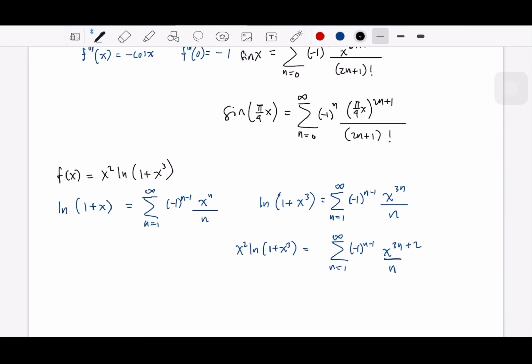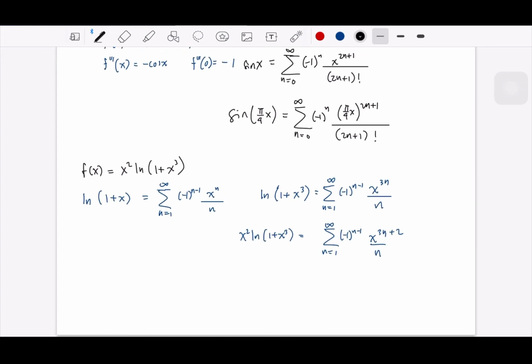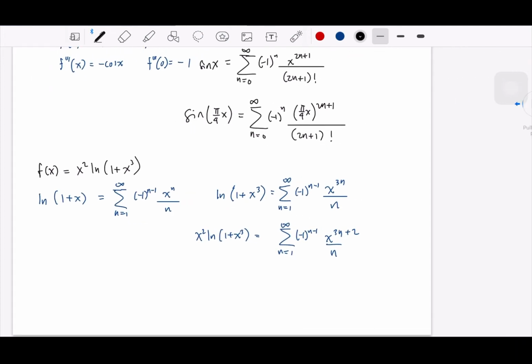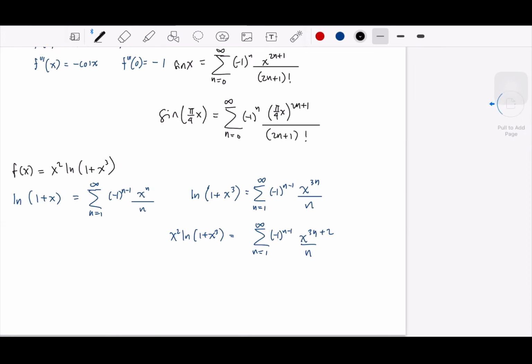Okay, let me go through the next question. Still related to the ln and Maclaurin. So if I have f of x equals ln of (1 plus x) over (1 minus x), I think I mentioned this in your test, the online test.